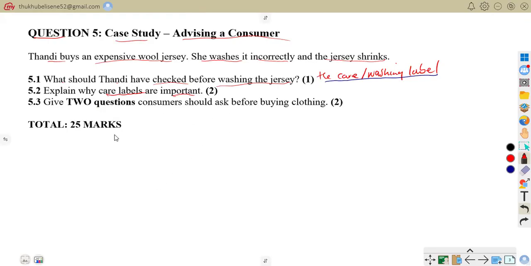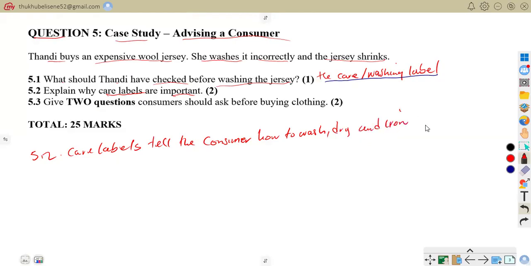That is why we are saying care labels tell the consumer how to wash, dry, and iron clothing correctly.